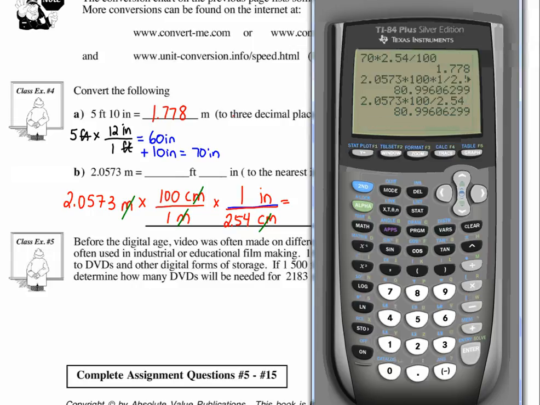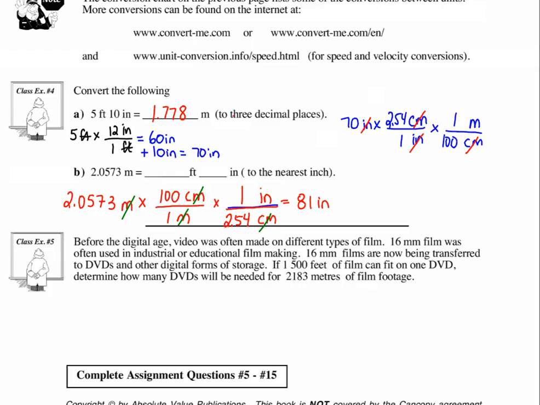Okay, to the nearest inch, what is that? 81, because they want to the nearest inch, 81.